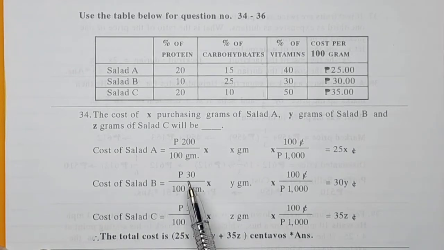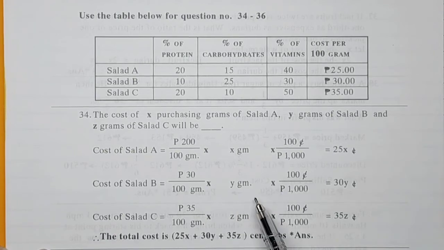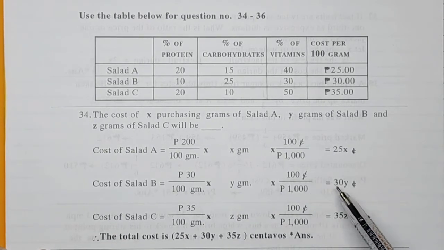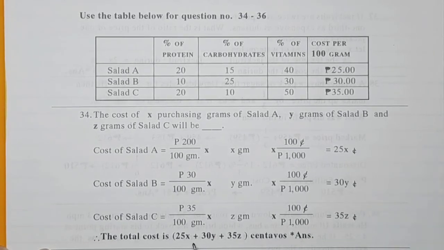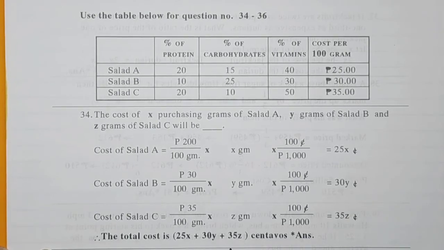The cost of salad B is equal to 30 over 100 grams times y grams times 100 over 1000, which is equal to 30y. The cost of salad C is equal to 35 over 100 times Z grams times 100 over 1000 pesos, equal to 35Z. So the total cost is 25x plus 30y plus 35Z centavos.